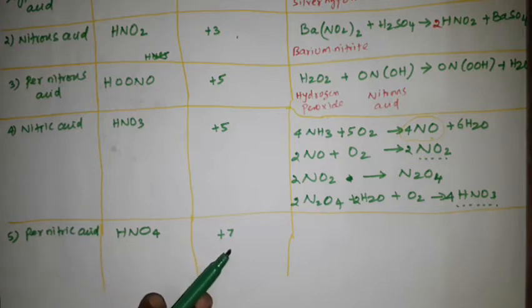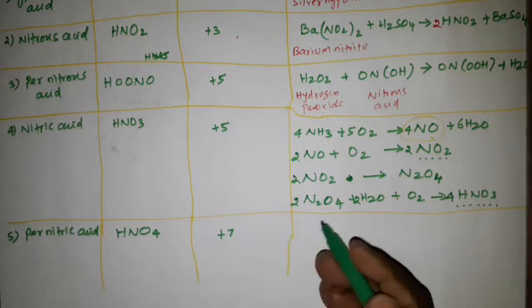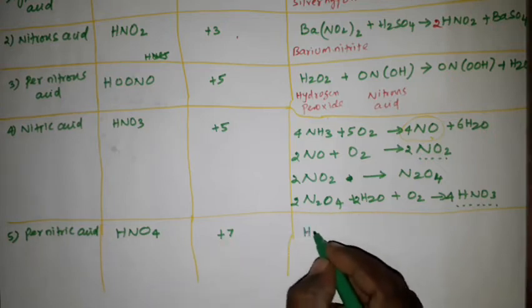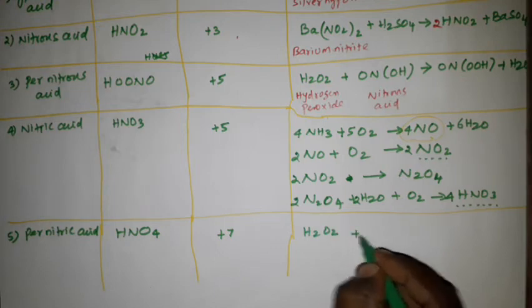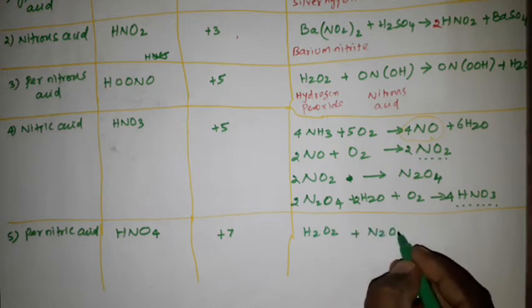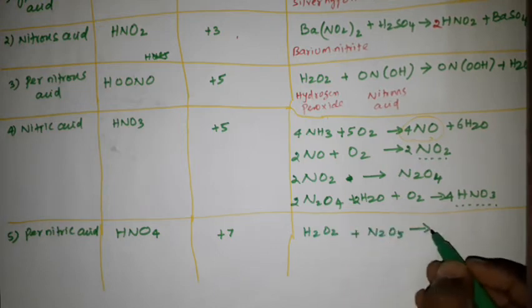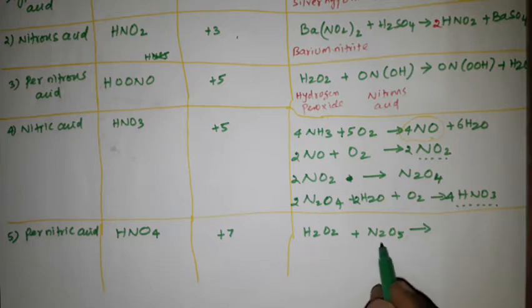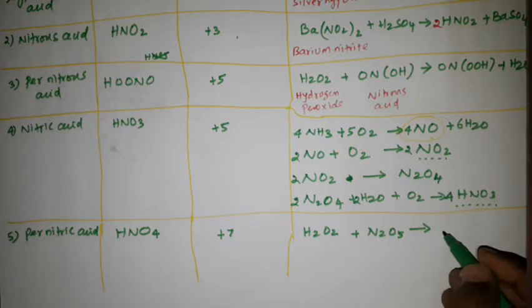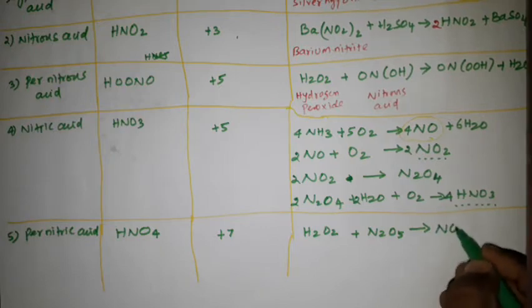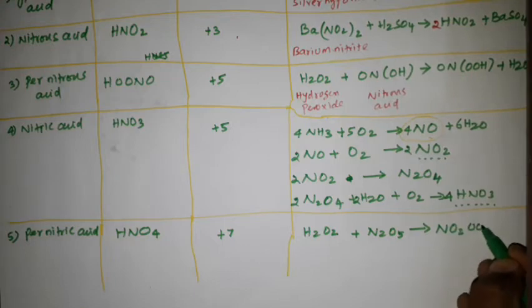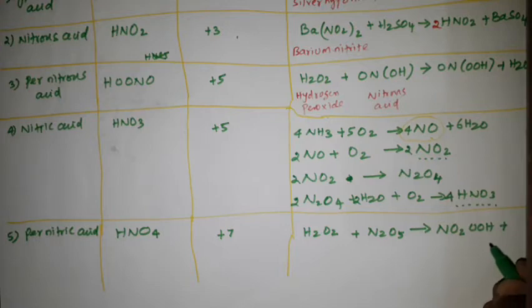Here the reactants are hydrogen peroxide H2O2 plus nitrogen pentoxide N2O5. So hydrogen peroxide and nitrogen pentoxide, we will get pernitric acid. Pernitric acid, we are writing NO2OOH plus nitric acid HNO3.